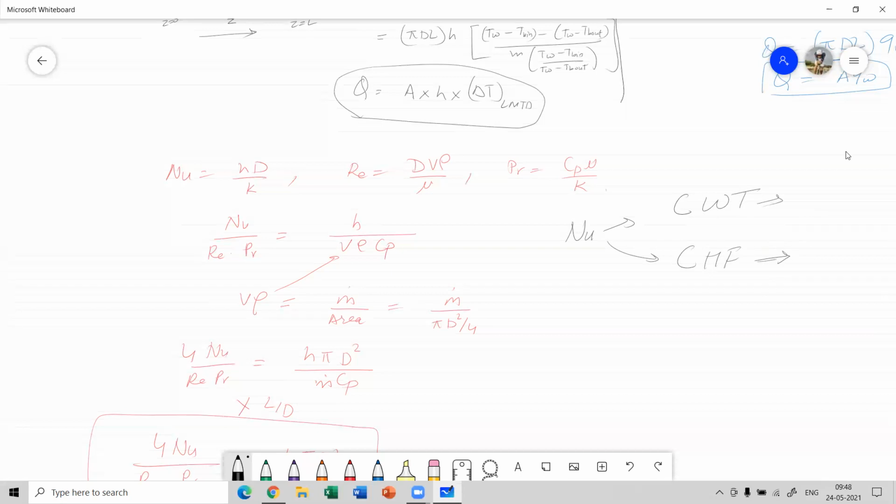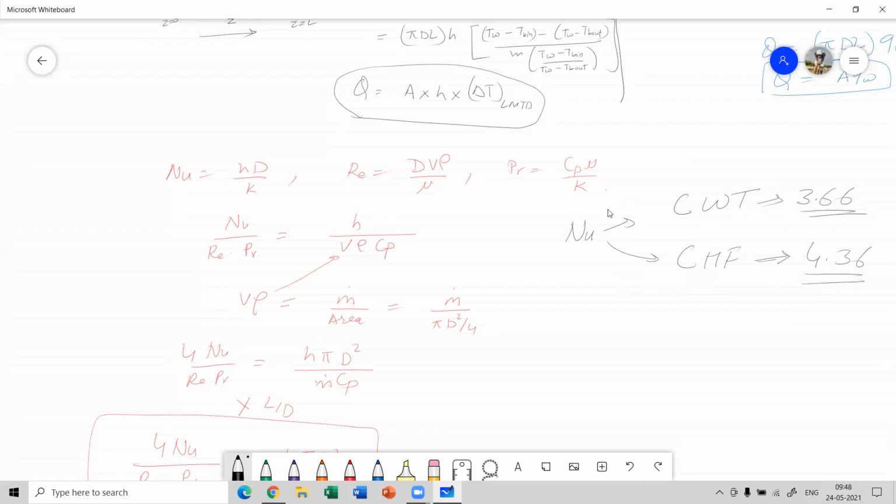Under constant wall temperature conditions, the Nusselt number is 3.66. That is the minimum value of the Nusselt number, 3.66. And for constant heat flux conditions, the Nusselt number is 4.36.